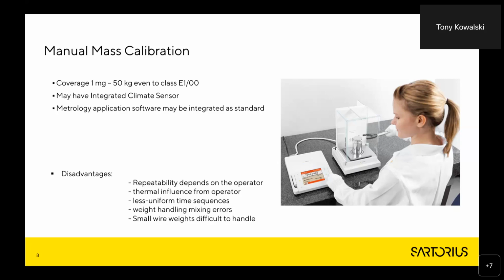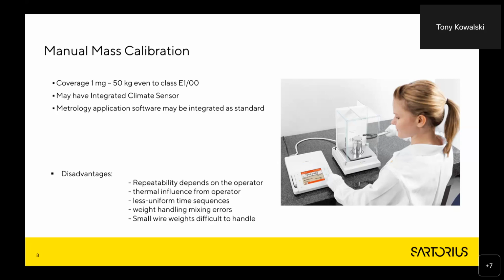If you don't have the time sequences between loading A and B and again A uniform, the drift is not uniform, and the calculation to remove the drift is not able to remove the drift effectively, and this results in a higher repeatability.